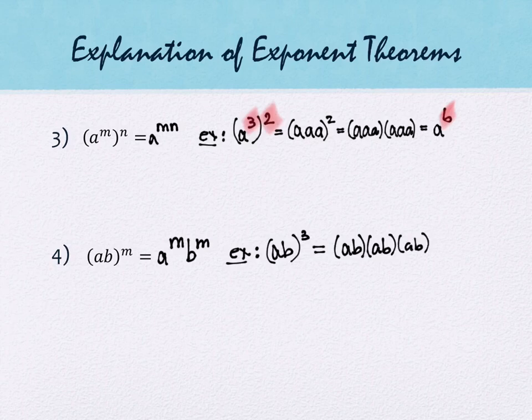One of our properties of real numbers is we have the ability to switch the order of multiplication, that's called commutative, and to regroup things, and that's called associative. We'll talk more about them in other sections. It keeps coming back up. But those are properties of real numbers. So I can regroup so that my A's are all together, and then my B's are all together. And then I can quickly see that this is A cubed and B cubed. And you can see that it's, quote unquote, distributed the power of 3 through.